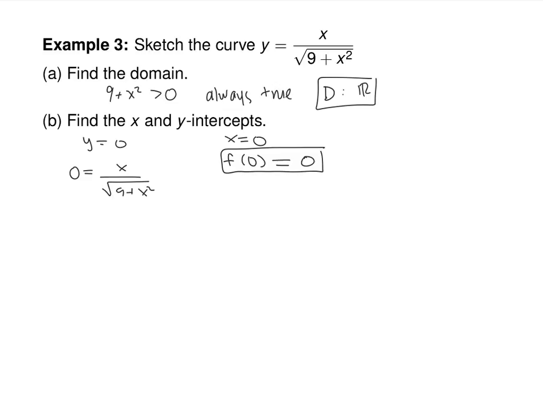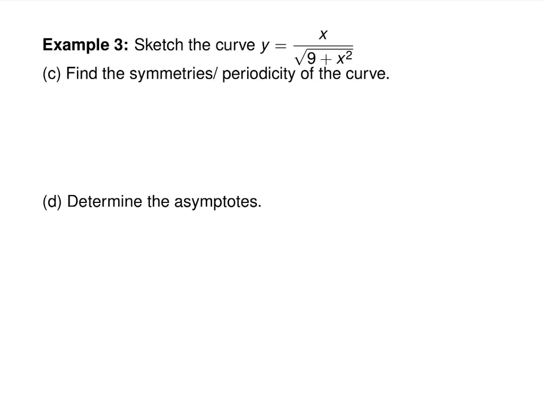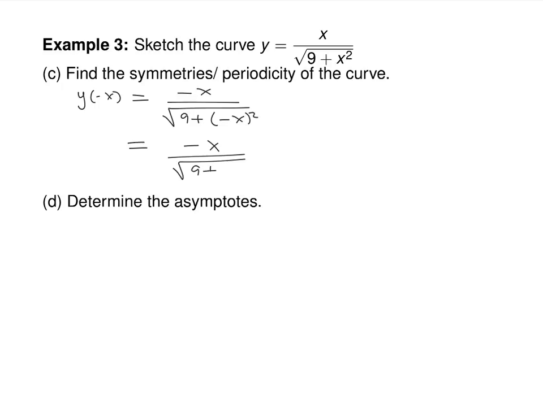So you go through the origin. Symmetries, periodicity. So find y of -x: -x over root 9 plus -x squared, so -x over root 9 plus x squared. That means you're odd.